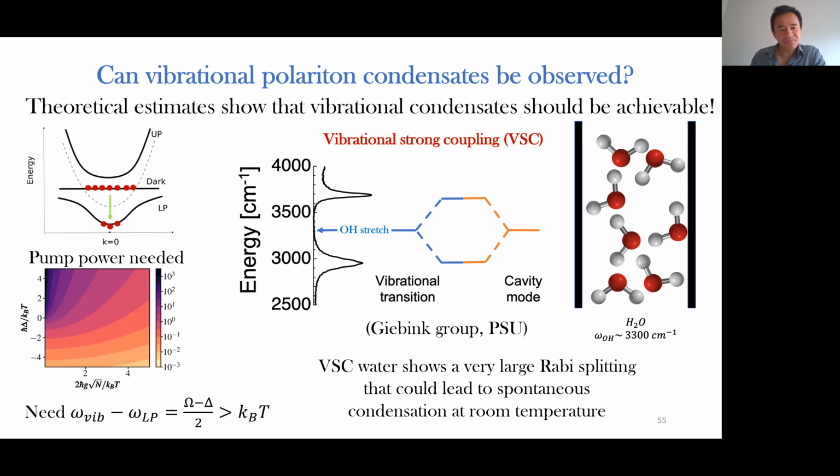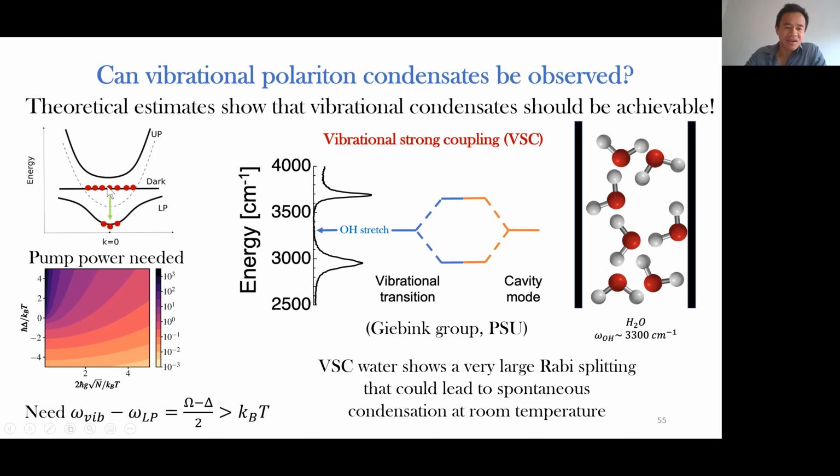Okay, but then we plugged in numbers, right? We said, what would it take to be able to see a lower polariton condensate of, say, water molecule infrared transitions in a cavity? What we show, and this is easy to understand, is that it's not that the Rabi splitting needs to be very large, right?